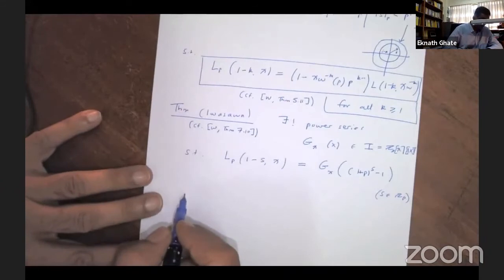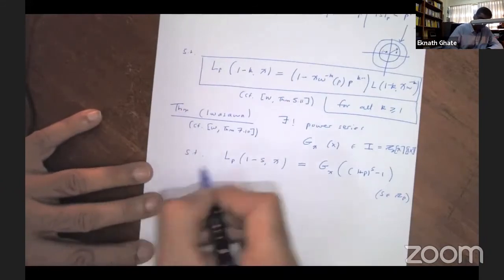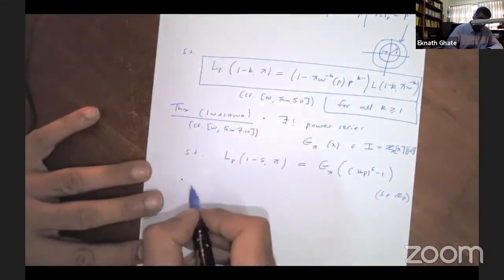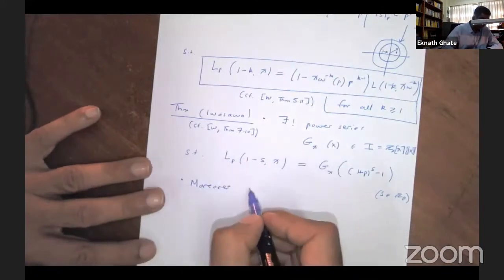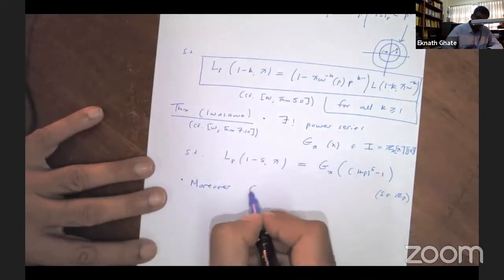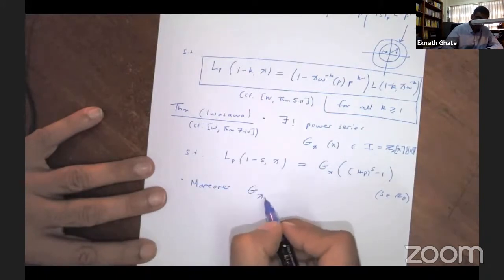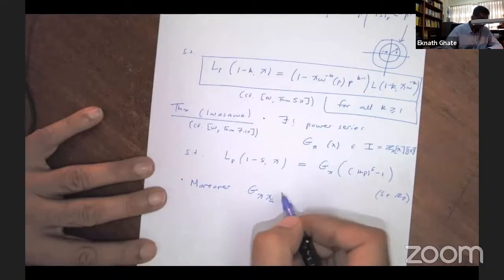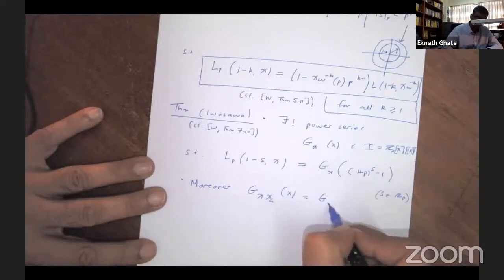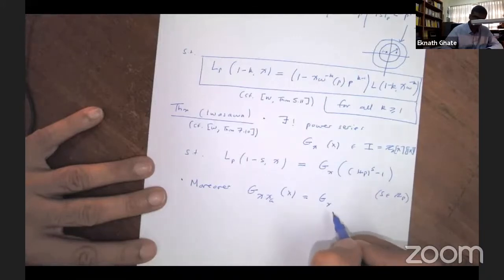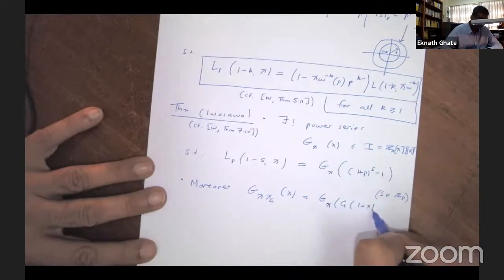Moreover, the second part of the theorem of Iwasawa: it turns out that if you look at the power series for chi times chi zeta, or if you multiply by a wild character, then you get exactly the power series of chi, but shifted like this.